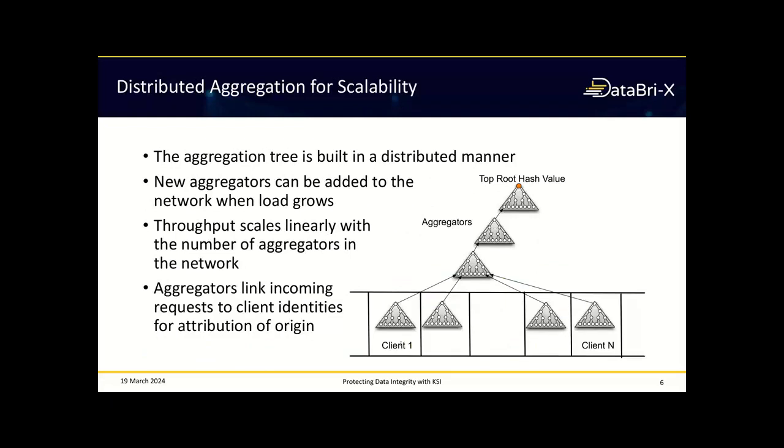So normally, if we assume that one server can collect, let's say, eight inputs and produce a small hash tree of 3 layers from those inputs, then we can combine those smaller hash trees into bigger ones by having a second level of aggregation, which collects only the root hash values from the first level of aggregation and aggregates them further to obtain a second level tree, which links together those first level trees.